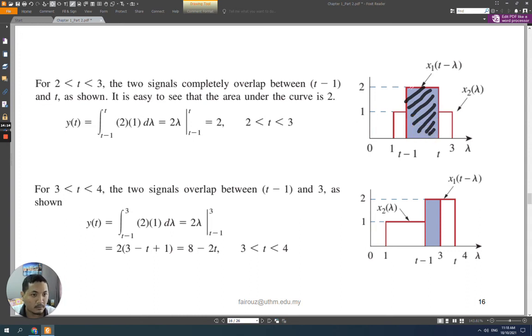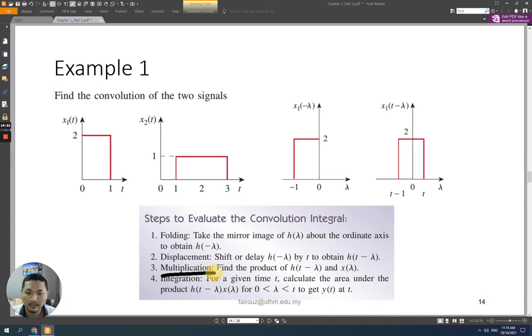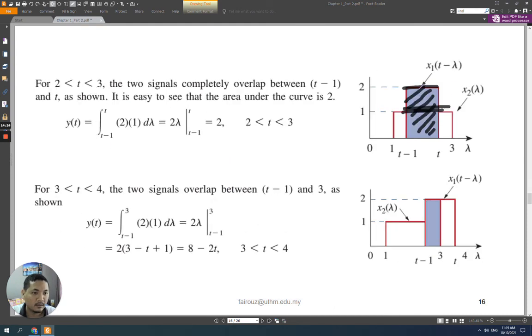Same thing, the amplitude multiplied with the amplitude, and this is what multiplication means. So 2 multiplied with 1. However, the difference here is the region of overlapping is from t minus 1 to t. So you do the integration, you will get 2. This is the result for y(t).